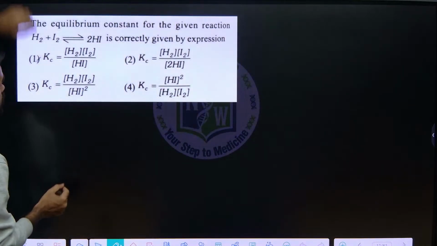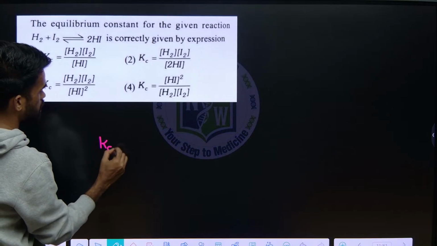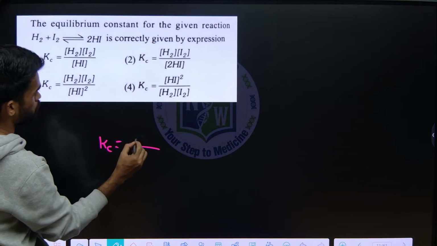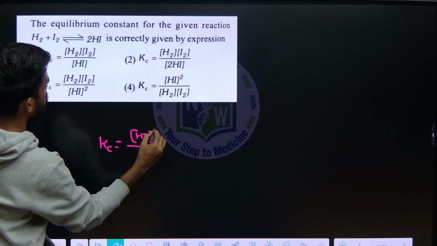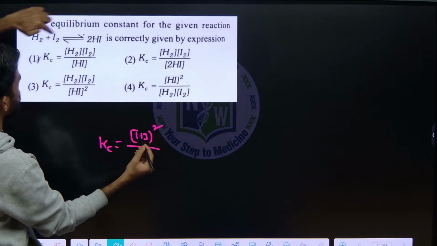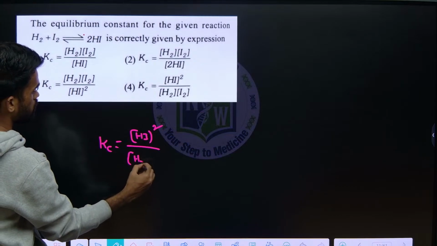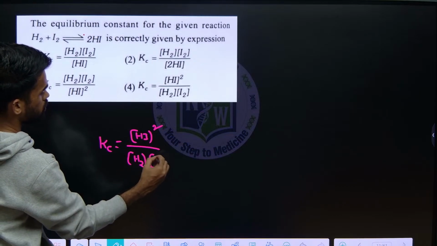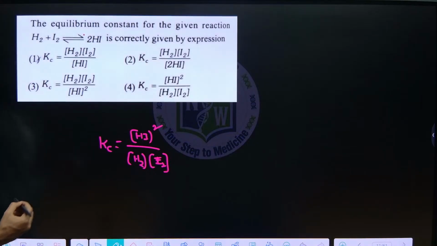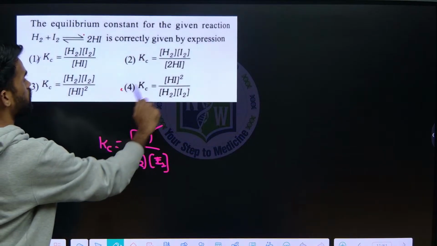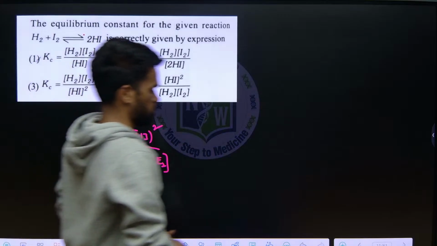Very simple. Writing Kc is easy here: concentration of the product HI to the power 2 over the concentration of the reactants H2 and I2. Where do we have this kind of option? Yes, the fourth option, that will be your answer.